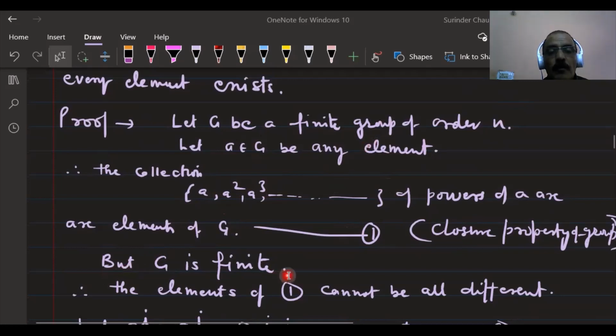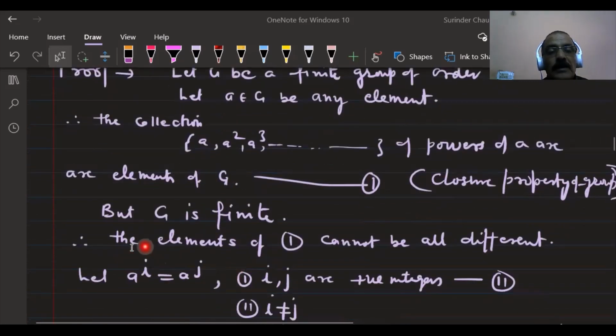But G is finite, and therefore the powers of a cannot all be different.